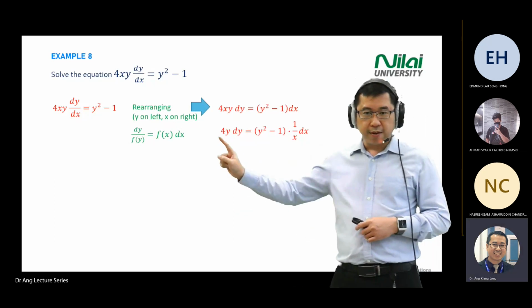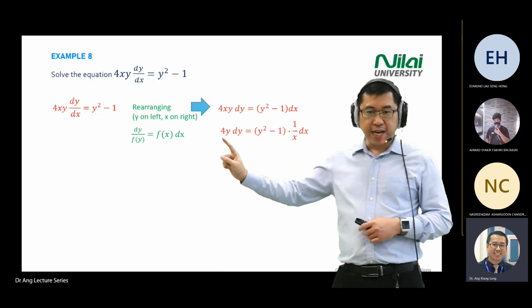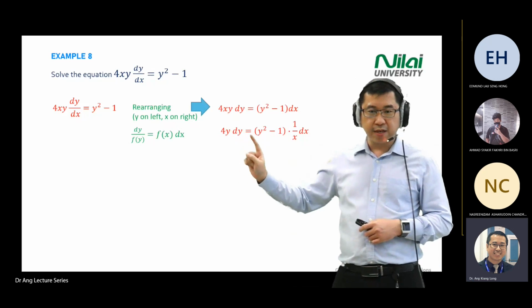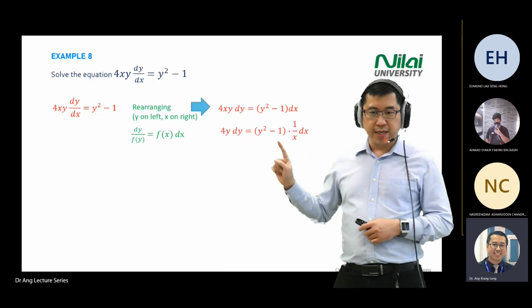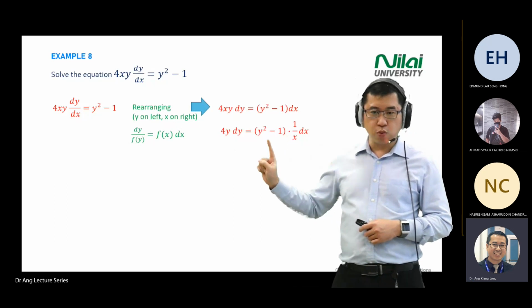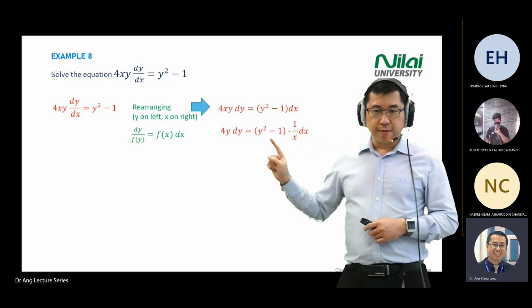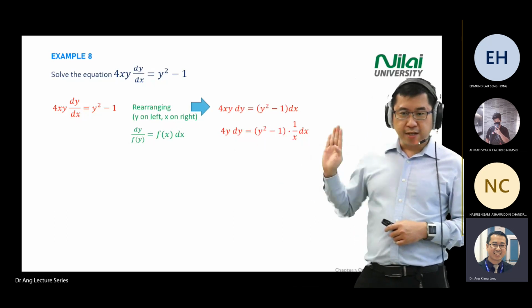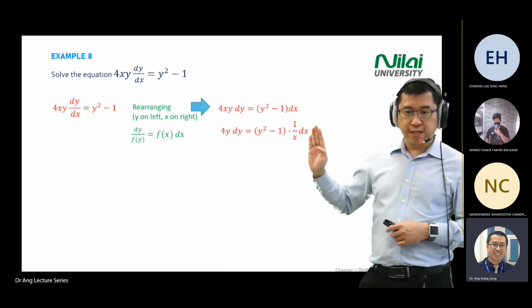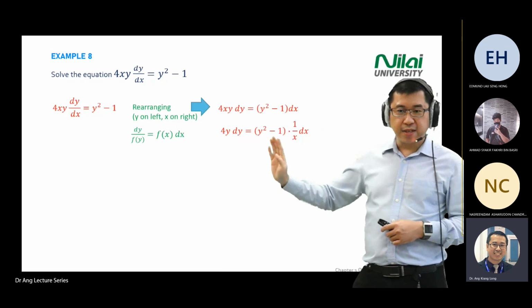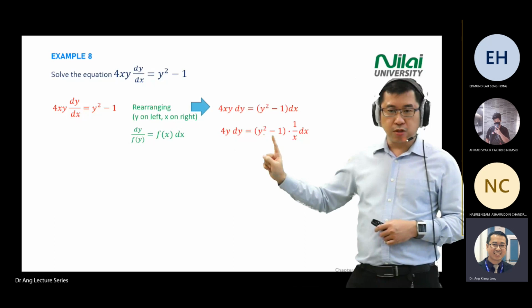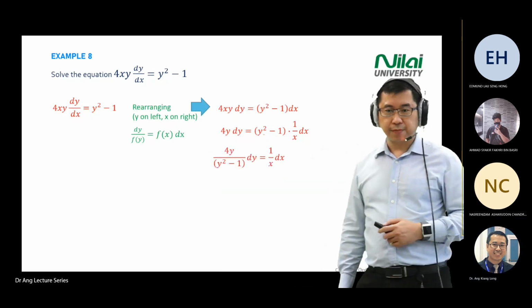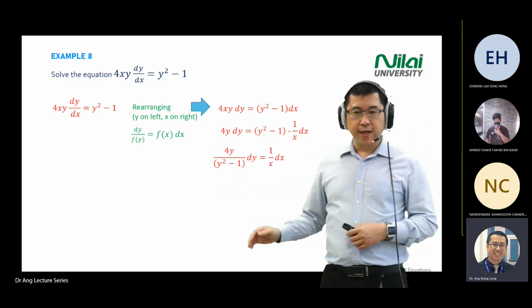After that, on the left hand side I still see y, but this area belongs to x, so y cannot enter. So we have to move y squared minus 1, this whole set, to the left hand side. You get this one, okay?